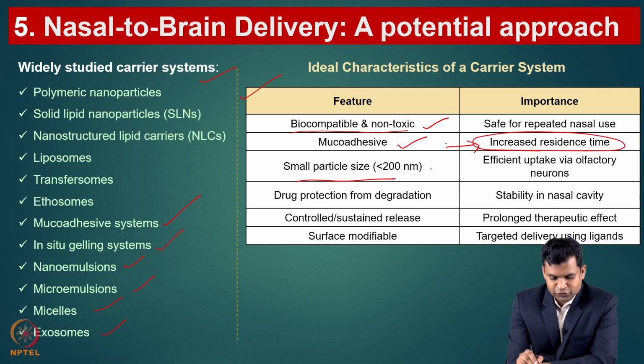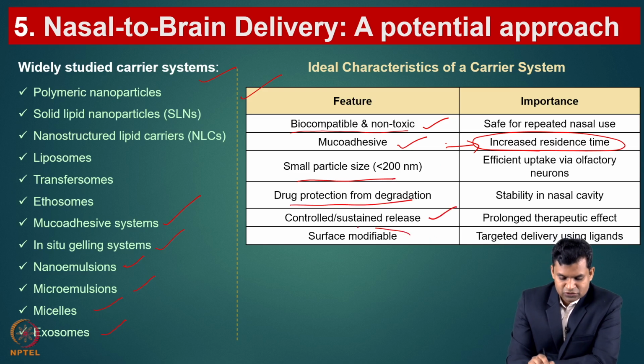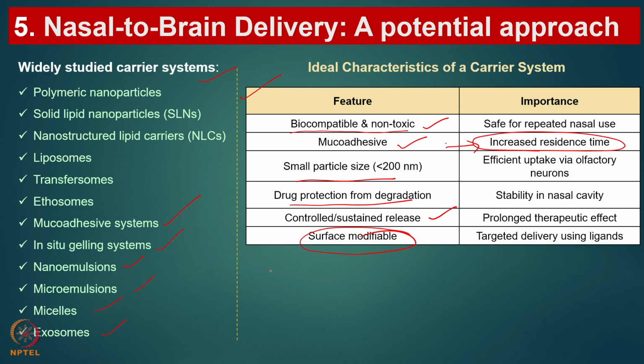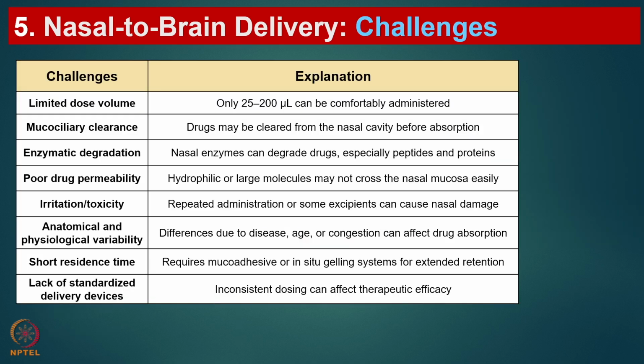Your particle size should be below 200 nanometers, and the material should be protected from degradation. It should allow controlled sustained release, and the surface should be modifiable, because you can functionalize with various ligands as an active targeting delivery system. For any type of nose to brain delivery, we need to consider these characteristics of the carrier system.